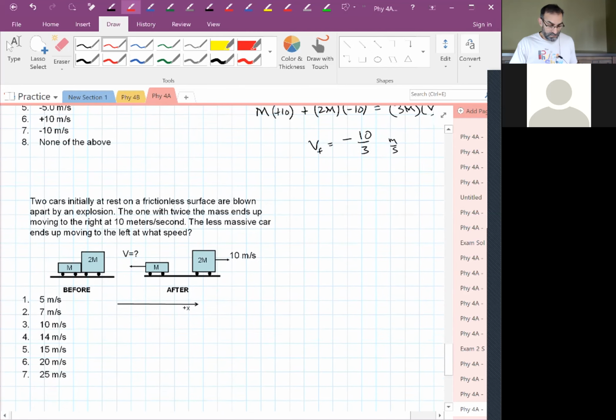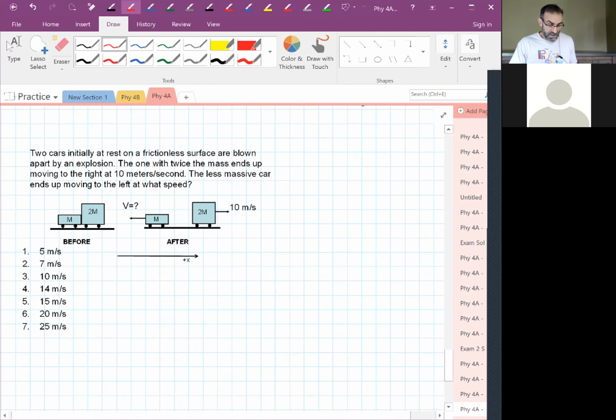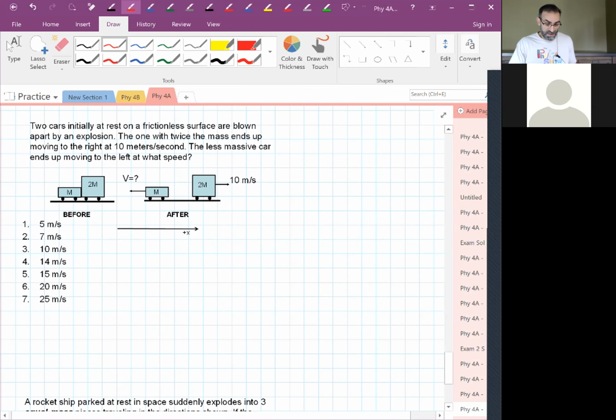Okay, this one, they're initially at rest. They're blown apart by an explosion. The big one moves to the right at 10 meters per second. The little one moves to the left at what speed?